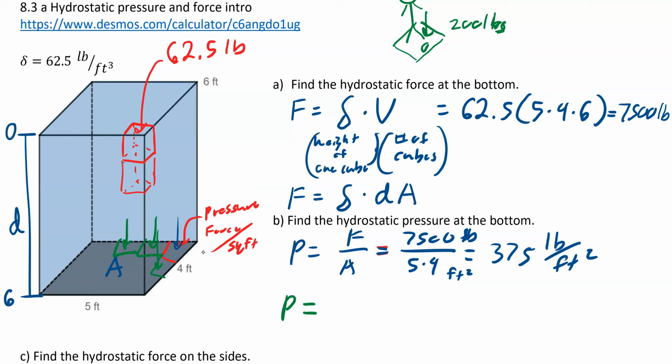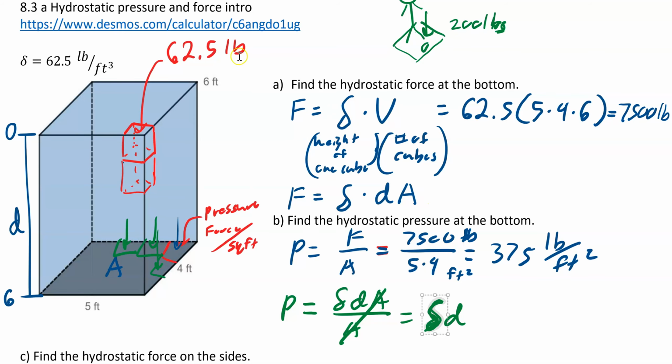So if we say pressure, and we take our delta dA, and we divide it by A, we end up with delta d. So you can find the pressure at any depth by just taking your weight density and multiplying it by the depth. So you could say 6 times 62.5, and you get 375. Because the A just cancels.